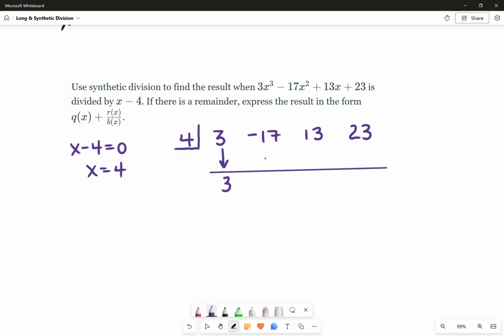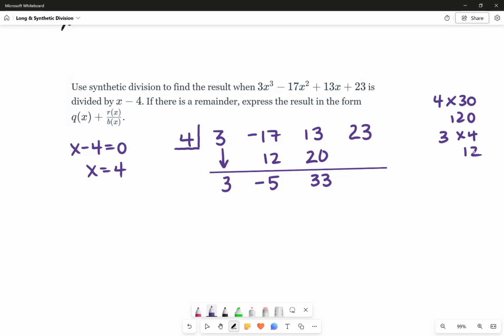4 times 3 is 12. -17 and 12 is a -5. 4 times -5 is a -20. 13 and -20 makes -7. Wait, 4 times -5 is 20, and 13 and 20 makes 33. 4 times 33. So let's do this real quick math. 4 times 30 is 120. And then 3 times 4 is a 12.